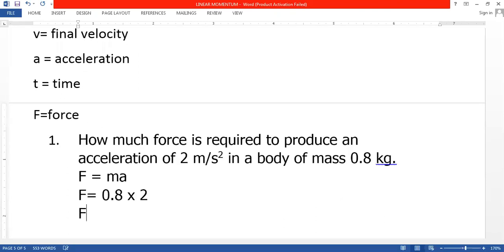So how much is the force? 1.6. What will be the unit? Newton. Why Newton? Because mass is in kg and acceleration is in meter per second square, so your unit will be 1.6 Newton. Okay, because it's an SI unit.